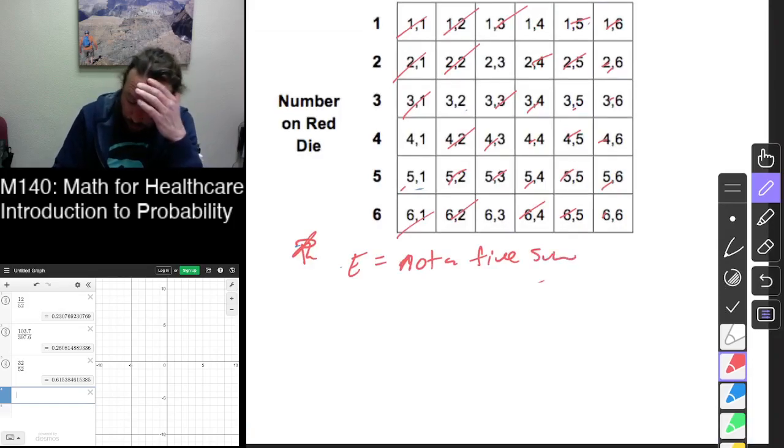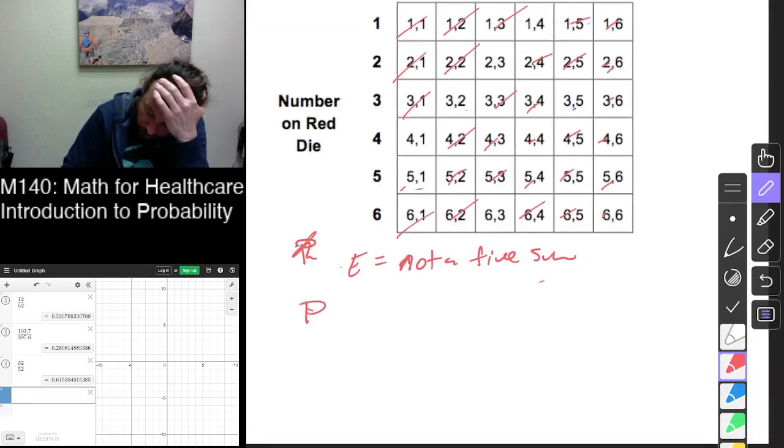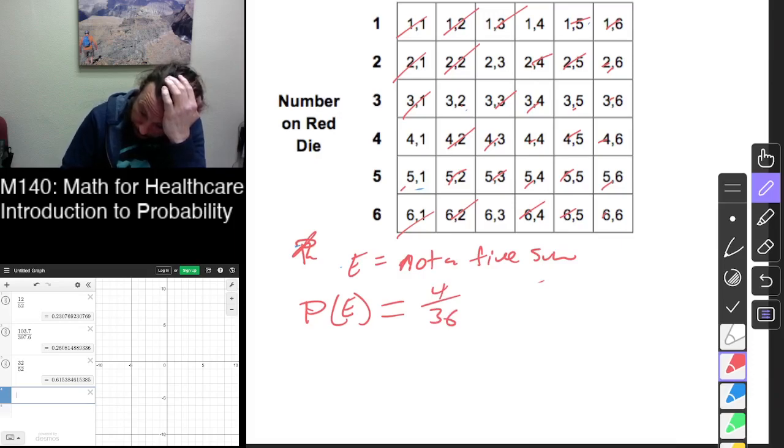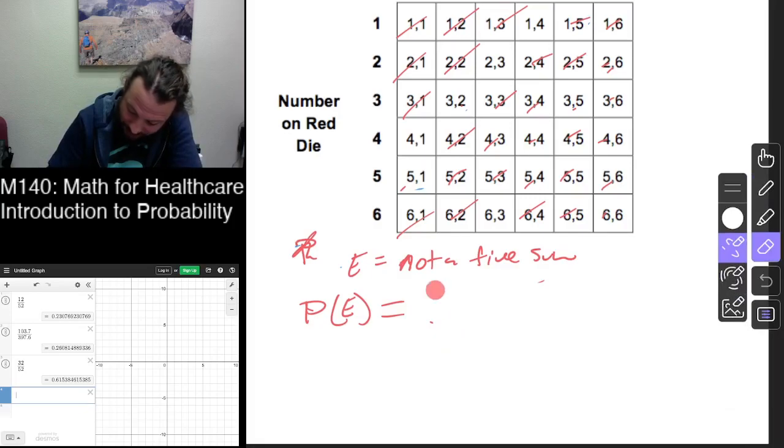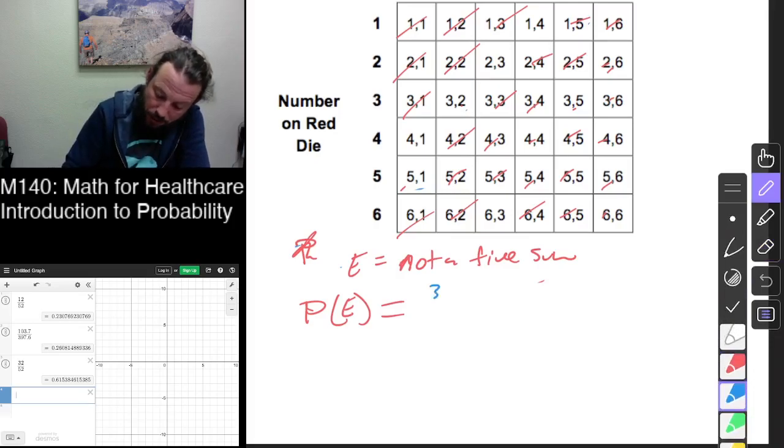Those are all the red ones, and we can see that the probability of the sum being 5 is 1, 2, 3, 4, 4 out of 36. Oh, sorry, I did the opposite. We're going to use that in a second. No, not a 5, that's all the reds. So that's 32 out of 36 of them.